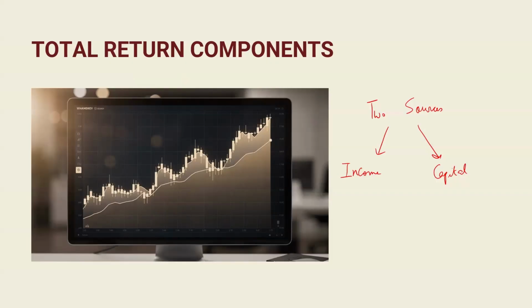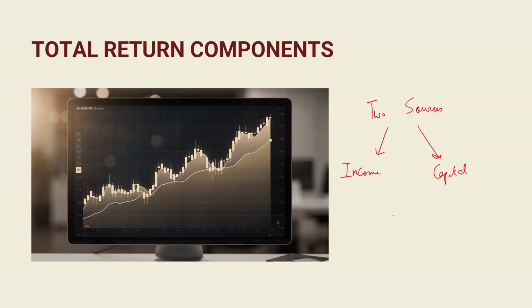Let's say if you buy a stock, the stock pays you dividends, or if you invest in a bond, the bond pays you coupons, interest. So the dividend payments or the interest payments, or in case of a property, the rental payments, those kinds of return sources fall under this income yield.